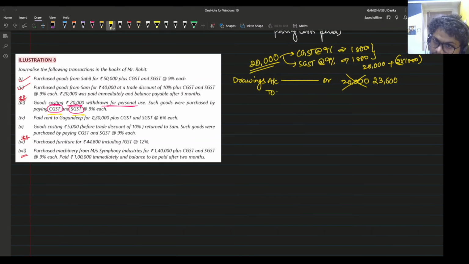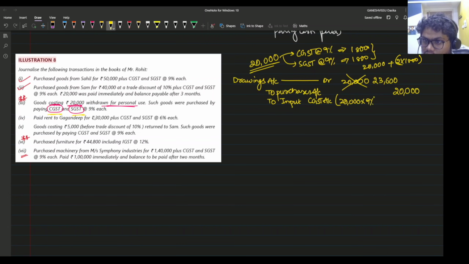Simply what? To purchases account. This purchases account, like the drawings what he has taken, will be the same 20,000 rupees only. But to input CGST account, how much? 20,000 into 9%, which is 1,800.